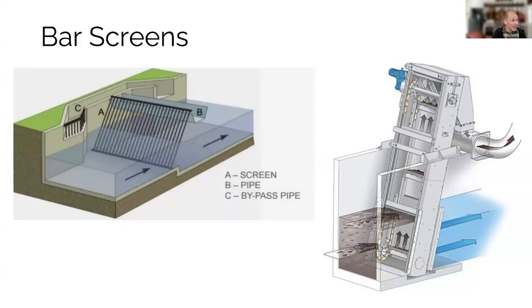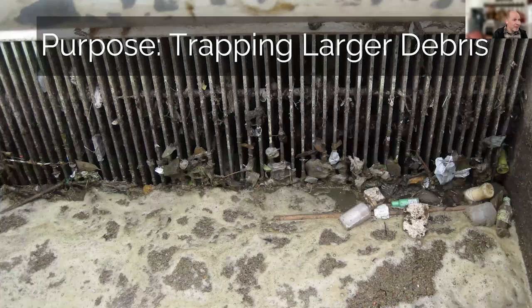The purpose of these initial stage bar screens or trash screens is trapping larger debris. This is what they often look like: the bottles, the styrofoam, the plastic bags, things like that. They're just sets of parallel bars mounted in a channel, slanted so that the wastewater can flow through them, with the purpose of trapping large trash and rags.